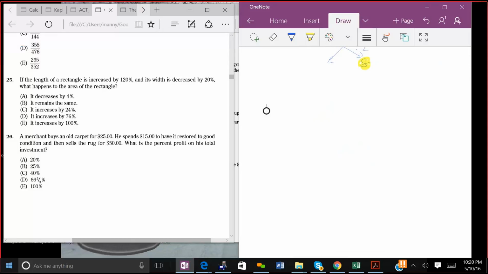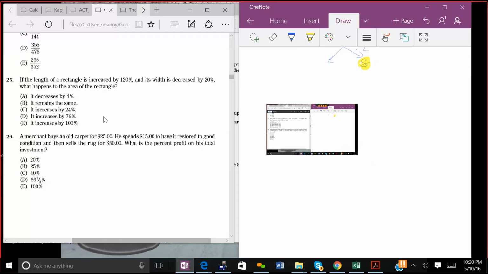The length of a rectangle increases by 120% and the width decreases by 20%.